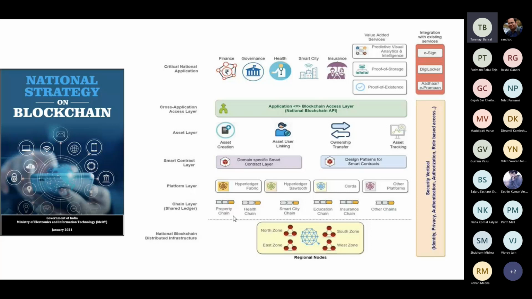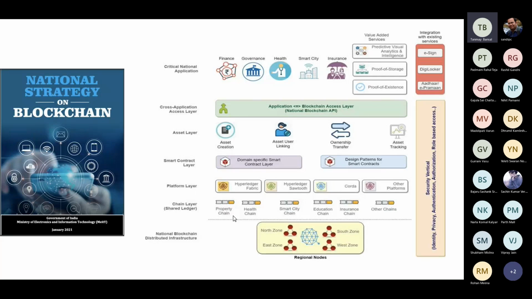And on the top, there are critical national level applications like finance, governance, health, smart city, insurance, and so on. And of course, there are different types of value added services like proof of existence, proof of storage, and so on. And some of these are also mentioned in this document, as I showed.